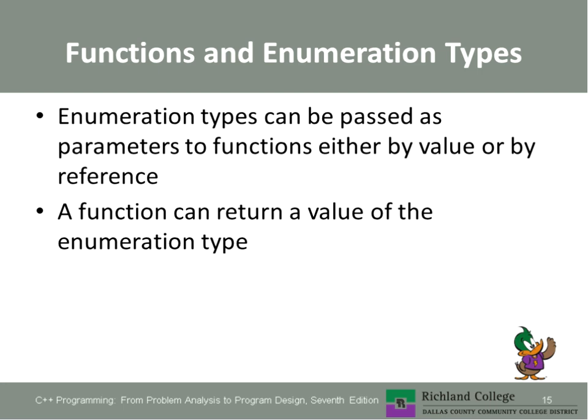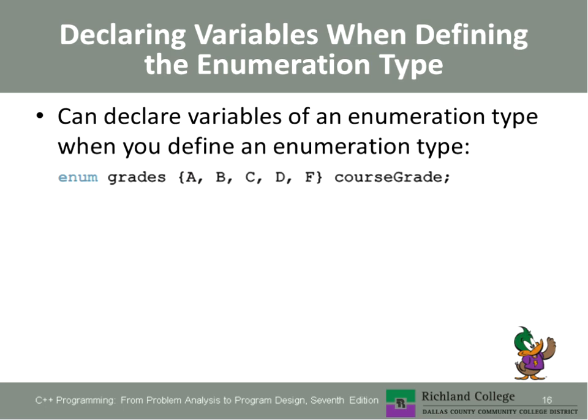So enumeration types can be passed as parameters to functions either by value or by reference. So we're using the enumeration type just like we use any other data types. We can declare variables of an enumeration type when we define the enumeration type itself.